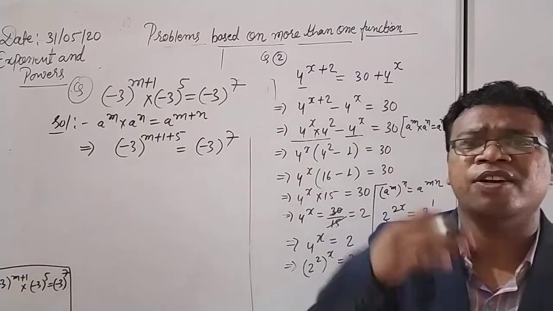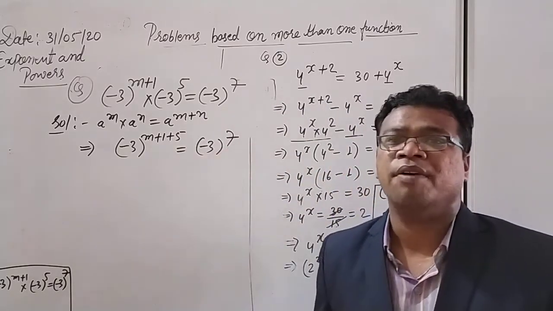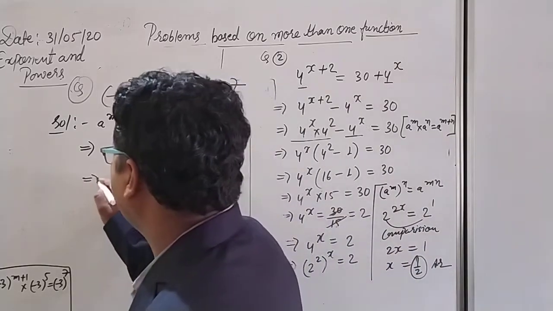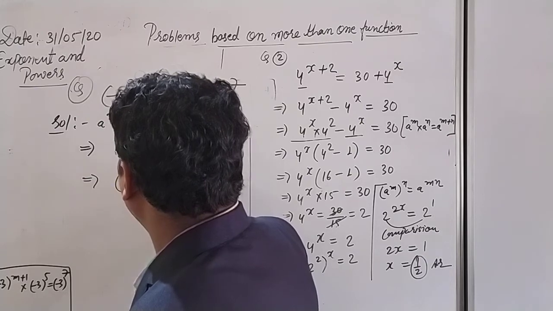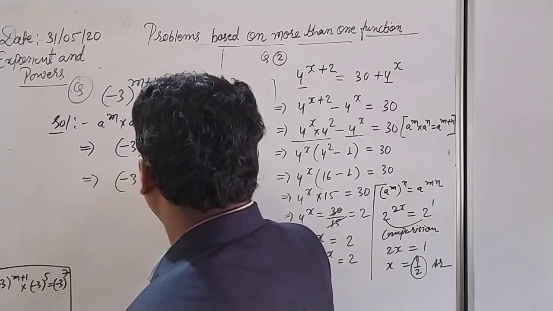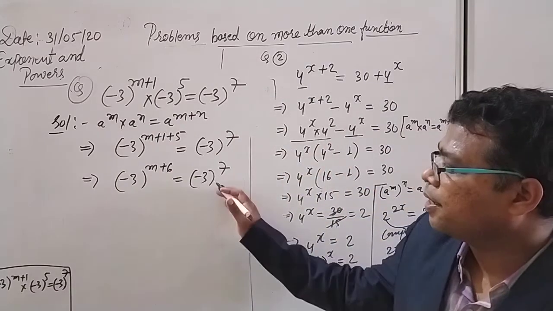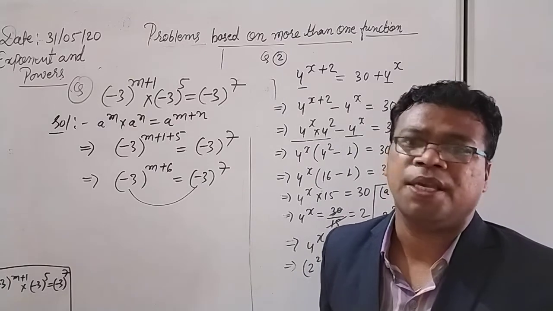The right hand side I need not touch, because this will come into the role whenever I compare the powers. Right now see, solve the next step: minus 3, and I can write down m plus 5 plus 1 will give me 6. And this is same, copy and paste. Right now you can see minus 3 is here and minus 3 is here, means bases are equal.